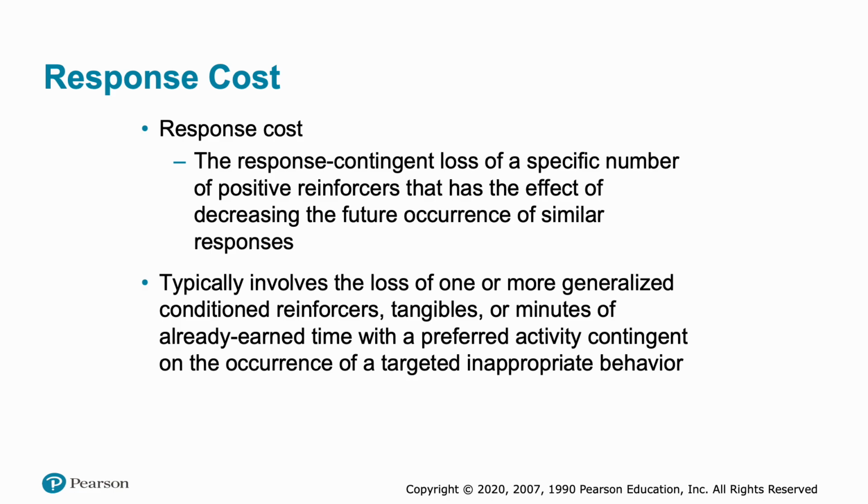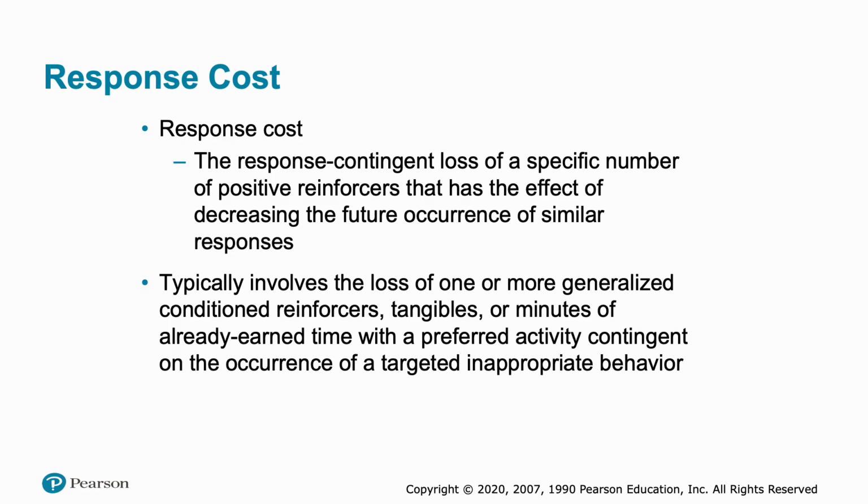Now we're going to jump into discussing the second type of negative punishment procedure, which is response cost. Response cost is when, contingent on an occurrence of problem behavior, a person loses a specific reinforcer. Usually it's a generalized conditioned reinforcer that they have access to. So it could be something like money, or tokens that they have access to.